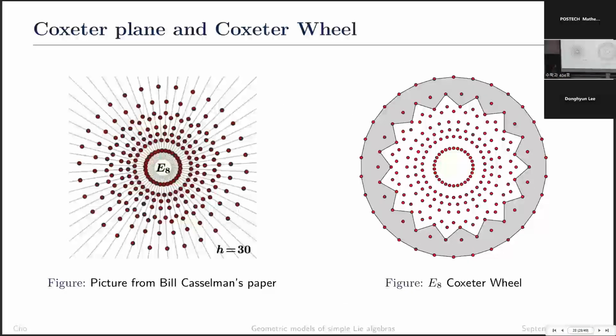So then we learned that this is very similar to these pictures arising in Lie theory. If you Google Lie algebra, then you see the kind of picture we have seen before. And if you just collect the dots, so these are the dots. 240 dots in the case of E8.